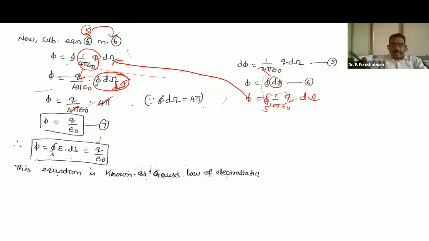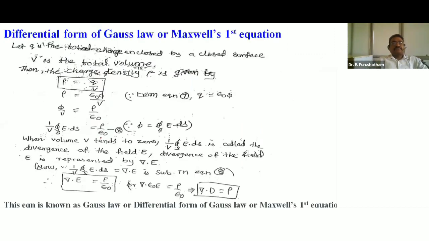Gauss law of electrostatics. Now the differential form of Gauss law, or Maxwell's first equation. So in this unit 1, we will calculate Maxwell equation 1, 2, Maxwell equation 3, Maxwell equation 4.